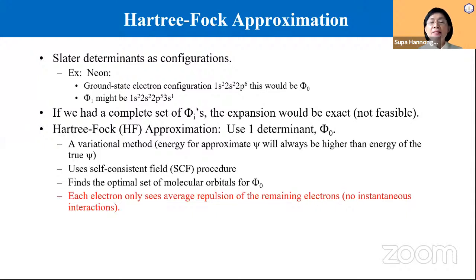That means if you have one nucleus and many electrons around the nucleus, when we solve the self-consistent field procedure, we solve the one-electron wave function based on the average repulsion from the remaining electrons, right? So this is the way that the Hartree approximation has been applied.